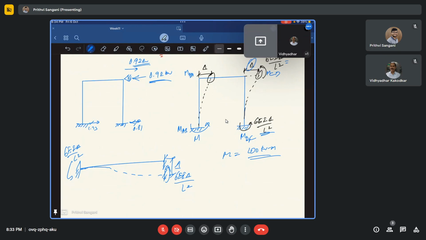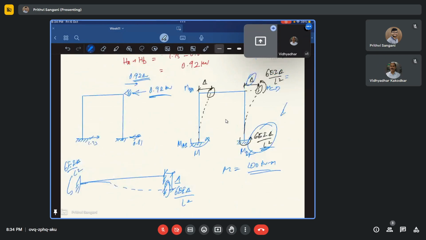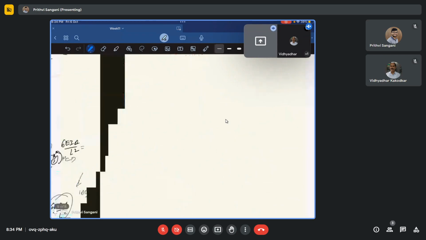For that I have obtained this equation, 6 EI delta by L square, and initially I'll assume it as 100 kilonewton meter. Let us see what's going to happen.